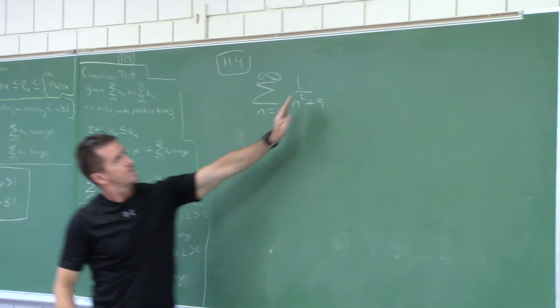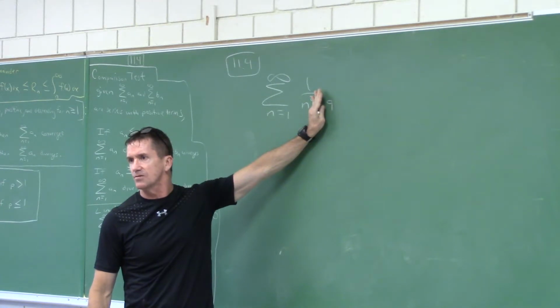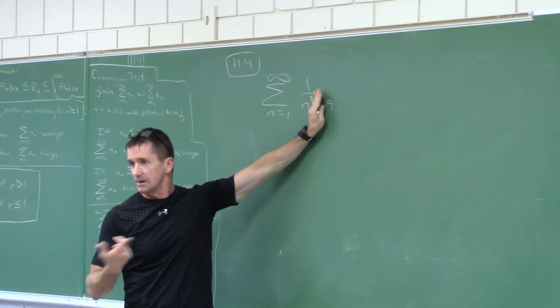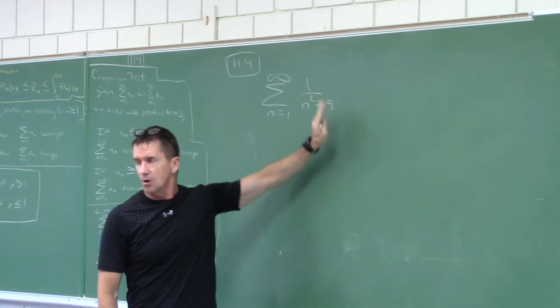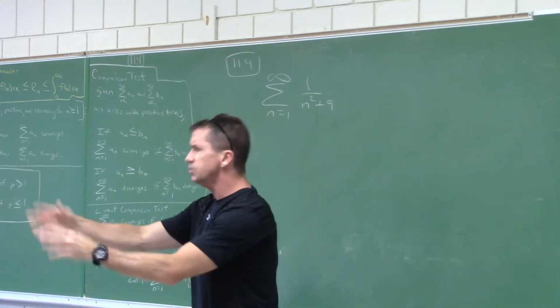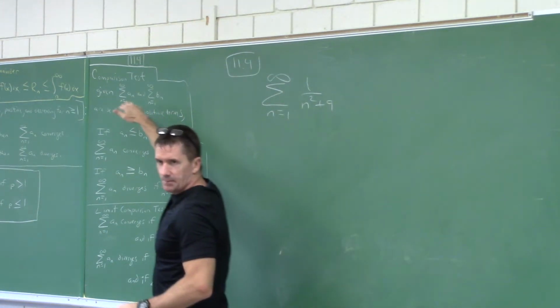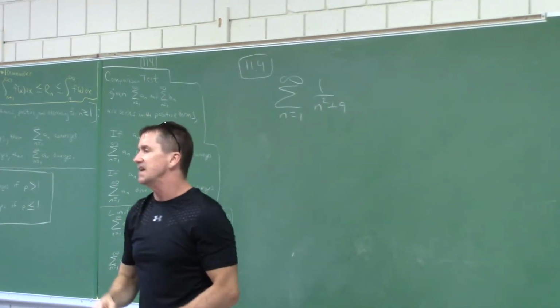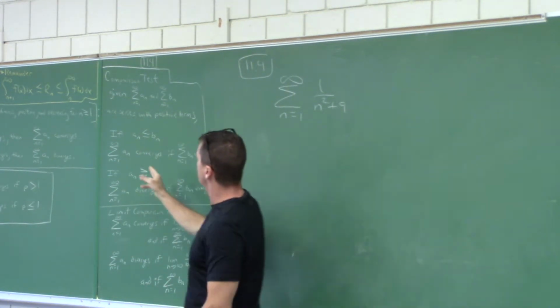If I hide that right there, is that p-series convergent or divergent? Convergent, right? The p-value is greater than 1. So rather than going through that entire integral test, which was great, the comparison test can just save me a lot of time in writing. Now this is what has to happen.